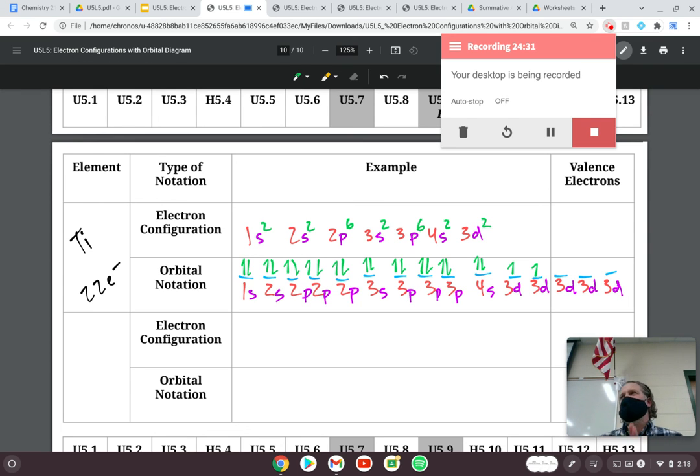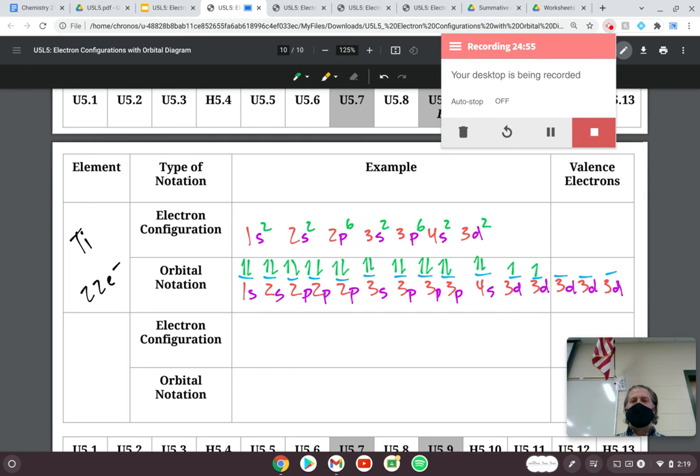That room is still there. So you still have to have 3D, 3D, 3D, 3D, 3D, okay? And the electrons have to be spread out. So you can't just do up arrow, down arrow, and then leave both of those blank? The question was, you can't just do up, down, and then leave the 4 3Ds blank, and the answer to that question is no. You cannot. You've got to spread them out.